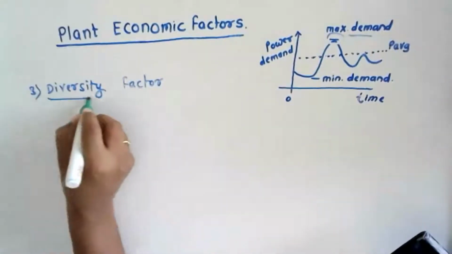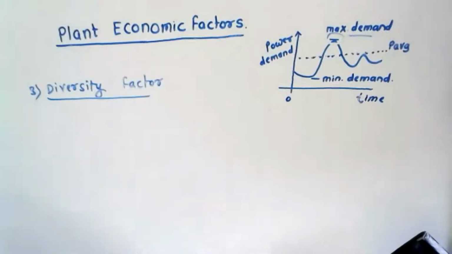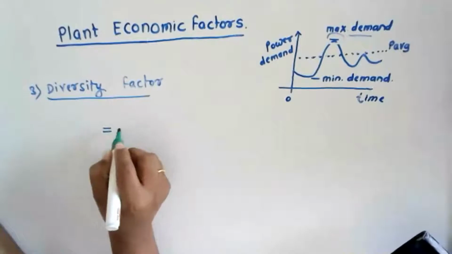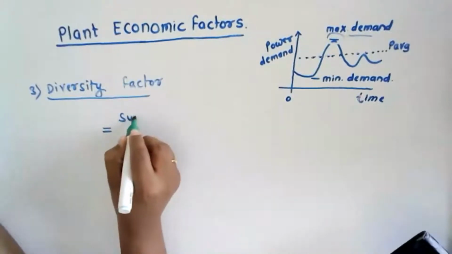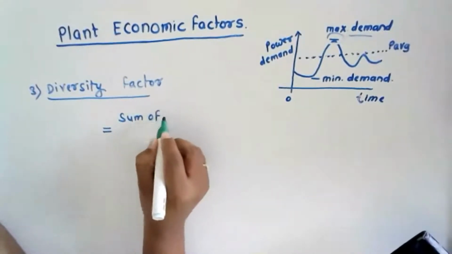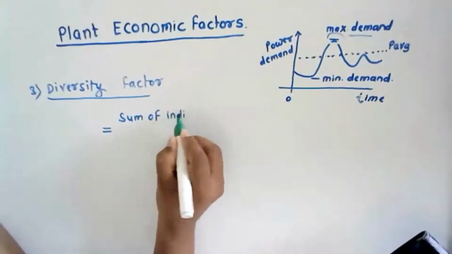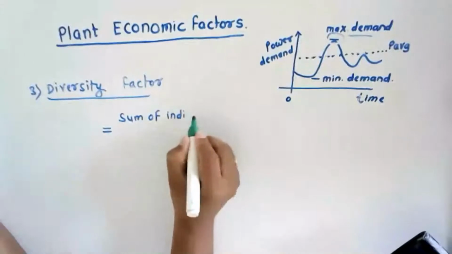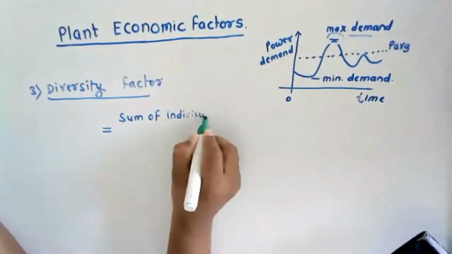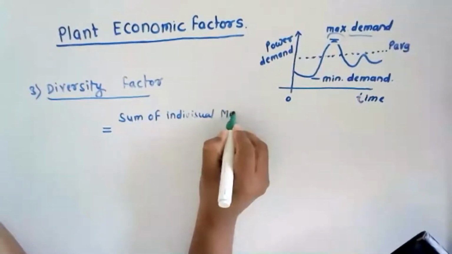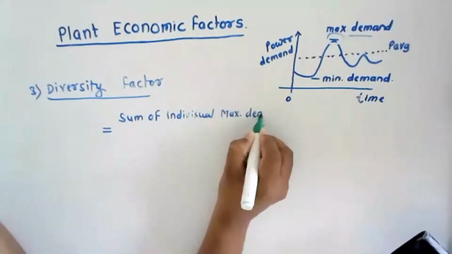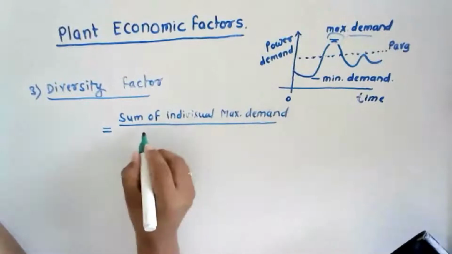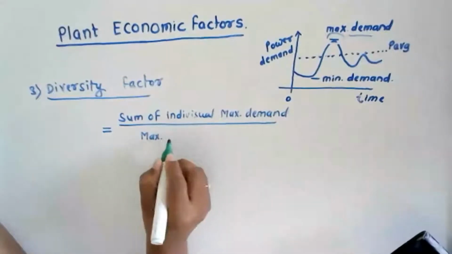So what does it mean by the diversity factor? Basically, diversity factor means the ratio of the sum of individual maximum demands divided by the maximum demand on the system.